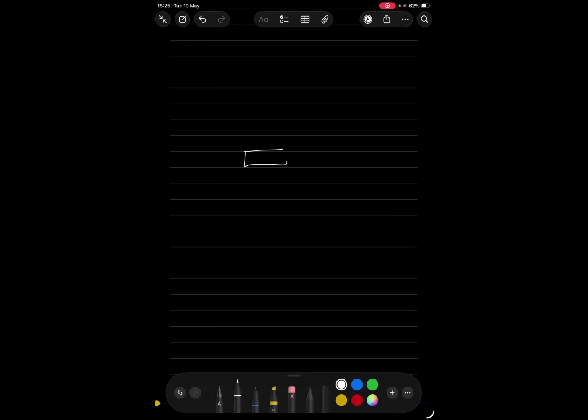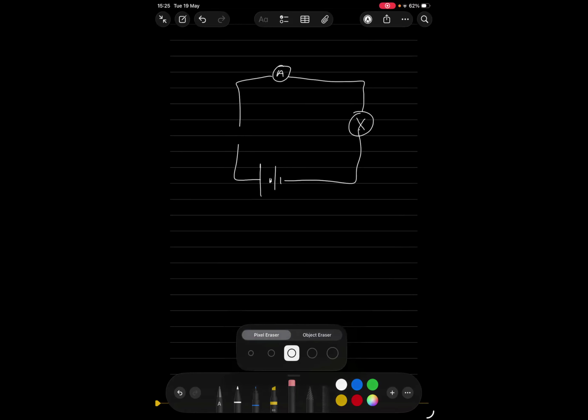If you did this type of experiment, you will realize that if you build a circuit, let's say a regular battery of 12 volts, and this is your bulb, and this is your ammeter, a small circuit and a switch there.